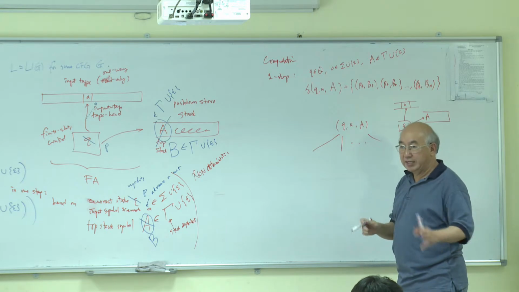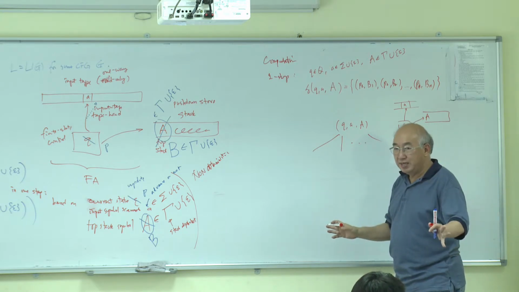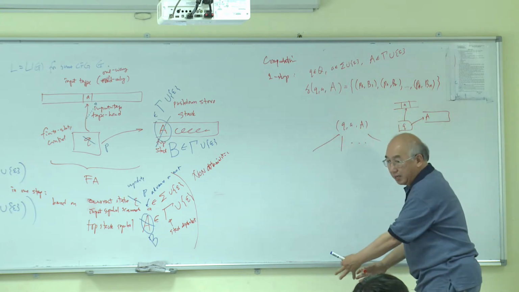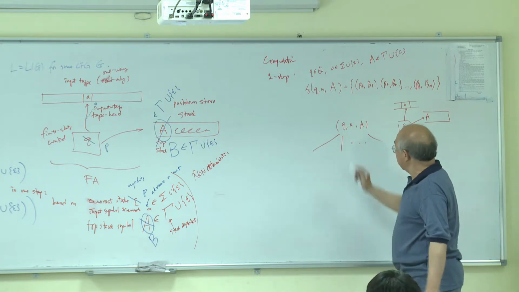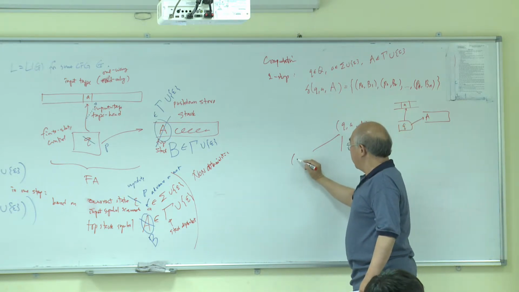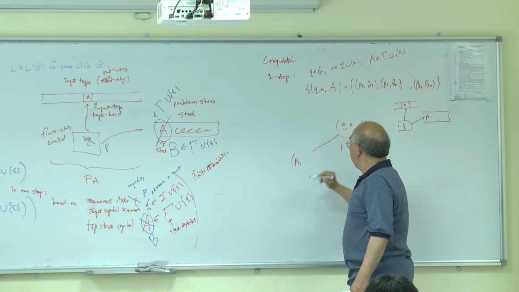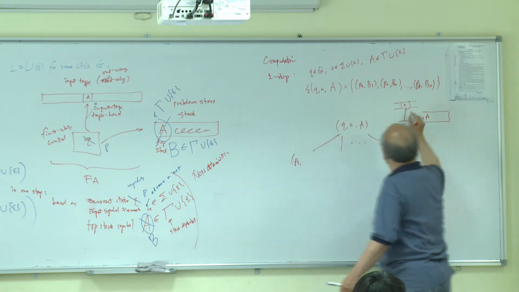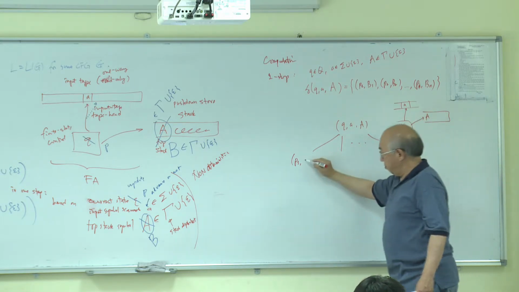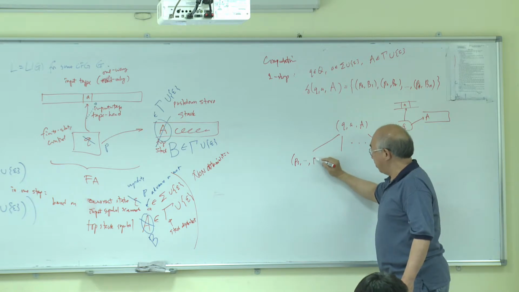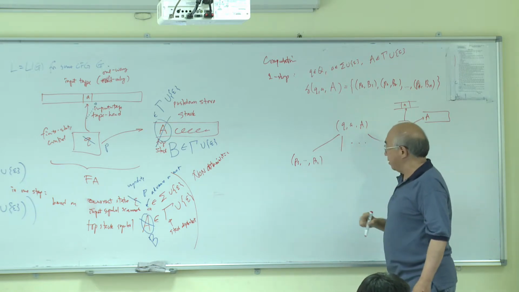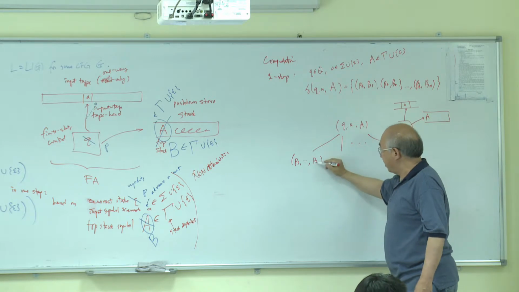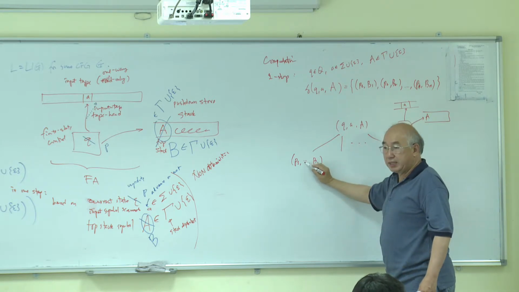So generally, this is a computation tree, right? It's not always linear, like deterministic. So in this configuration we move to p1, right? And then we replace the A with B1.